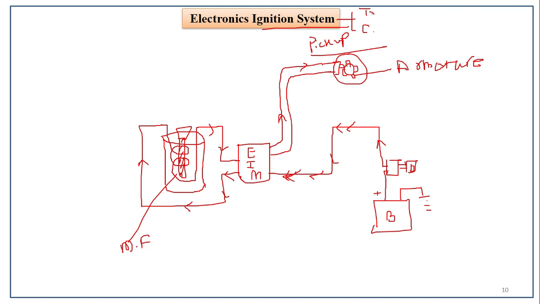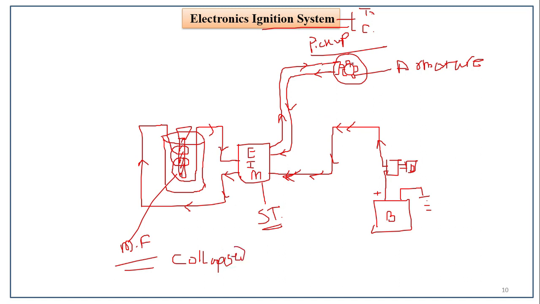For example, you can observe this condition: there is a gap between this armature and the metal electrode, so this gap is detected by the pickup point, and the signals are sent to the electronic ignition module that the gap is detected, and the electronic ignition module will stop the current. Due to that, the current is stopped and the magnetic field is collapsed or broken.